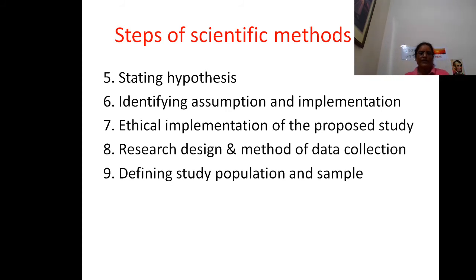Research design: according to our study, we have to select the design, which we will study in detail in the next chapters. And method of data collection, there are various kinds of methods which we are going to study in the future. And defining study population and sample.